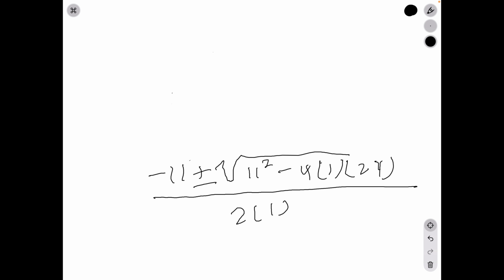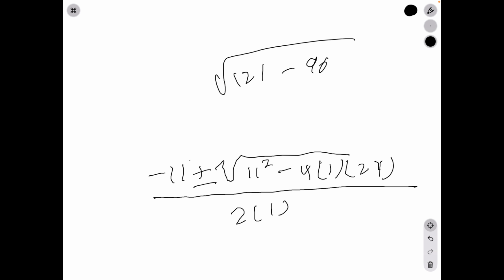Now that we have our substitution, let's work on solving it. Let's start with simplifying the square root. 11 squared is 121, minus 96. Sorry guys, sorry for the mess up.